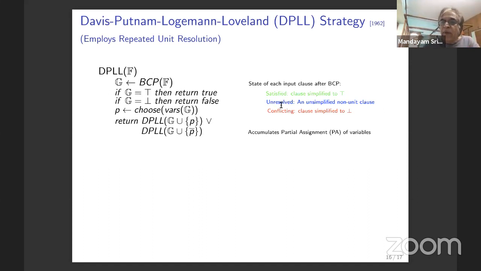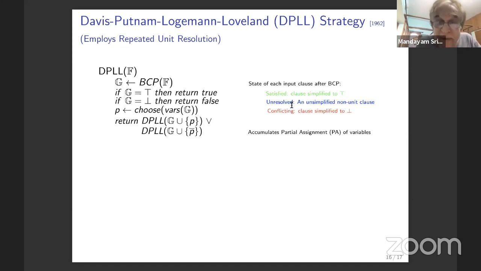When you do this BCP, some of the clauses get simplified to true. They are called satisfied, and they disappear. Some of them can get reduced to false, and that is usually called a conflicting clause. If any of the clauses simplify to false, then you're done, because the entire formula reduces to false, since it's a conjunction.